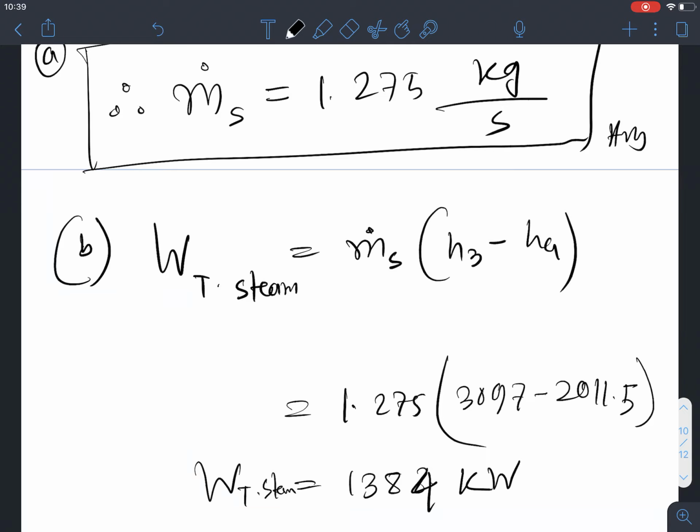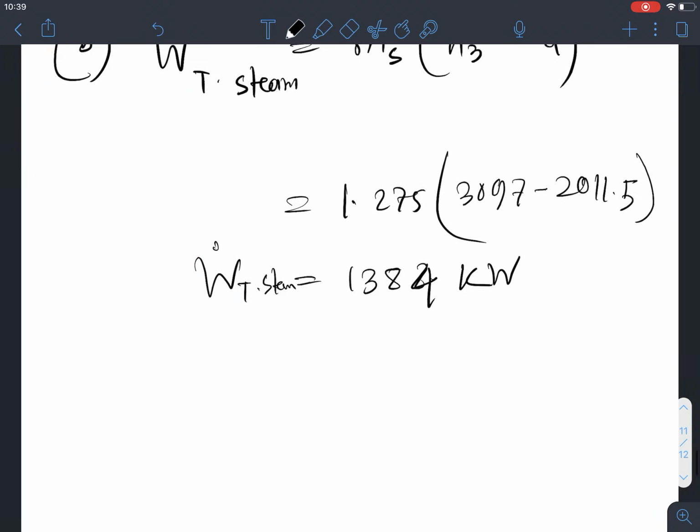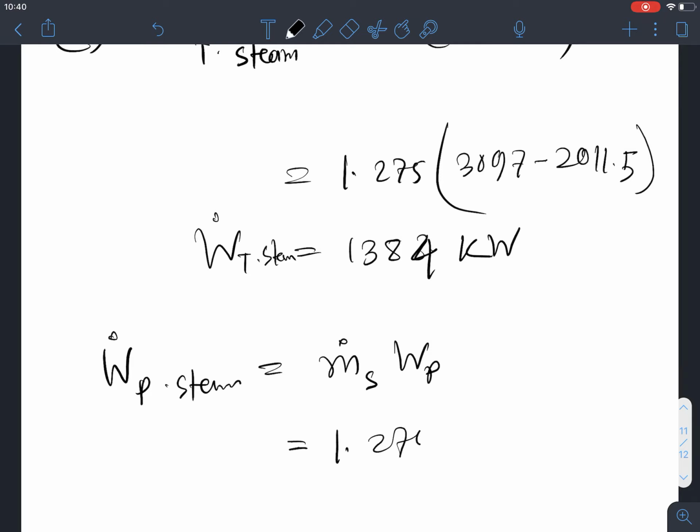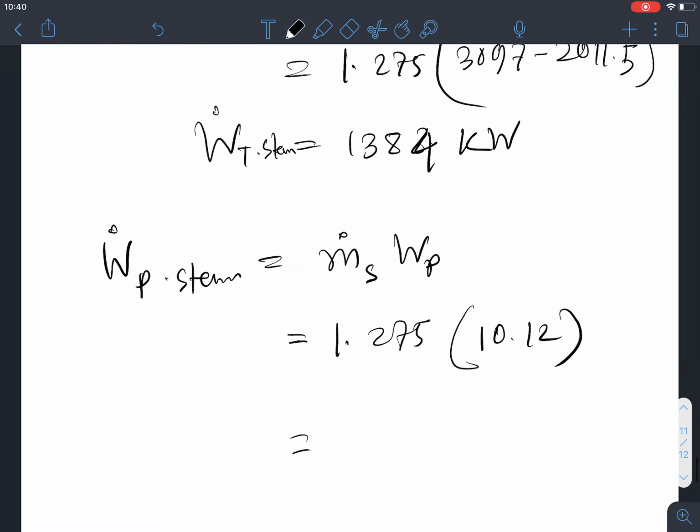And then, what would be the W pump of steam? It would be mass of the steam times W pump. We know that 1.275 times the W pump, which is 10.12, in kilowatt, so 12.9 kilowatt.